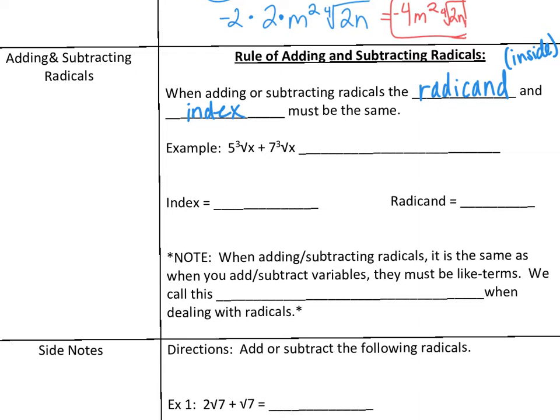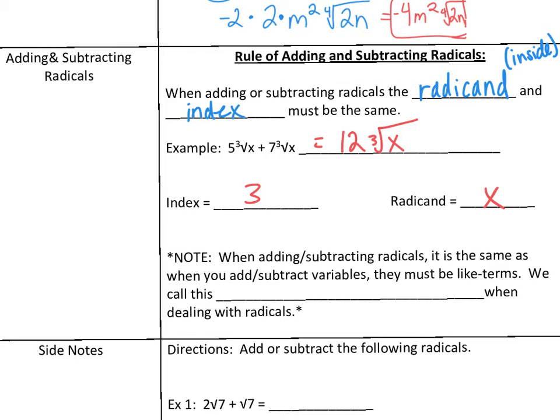I'm just adding the coefficients. What's 5 plus 7? 12. And then leave third root of x the same. So these are pretty easy. If they don't have the same radicand, you can't add them, okay?